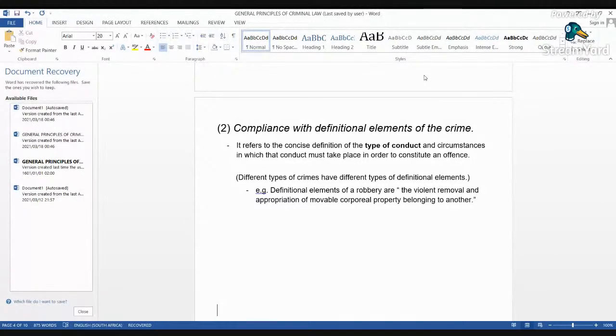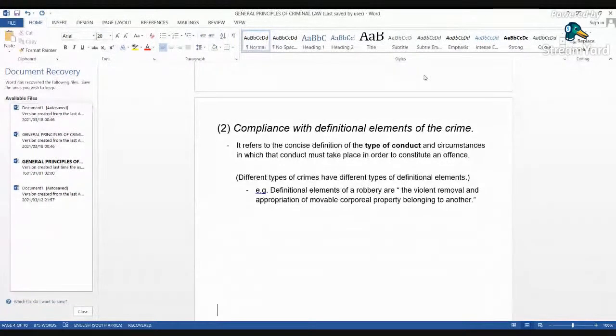If someone is charged with robbery, that means they must have appropriated something from someone in a violent manner. So the first thing is the violence. The second thing we look at is the appropriation of movable corporal property belonging to another.